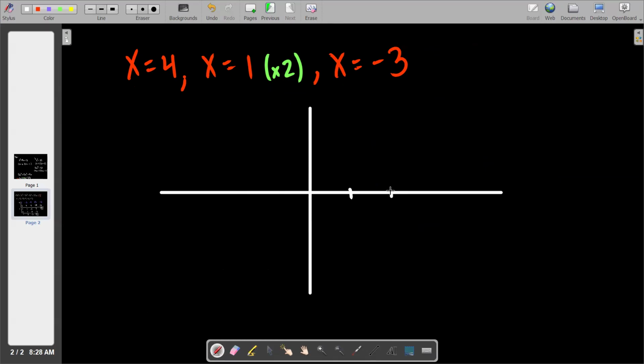There's 1, 2, 3, 4, and then -1, -2, -3. So make sure you always label your x-axis, please. Yeah. All right, we made it.